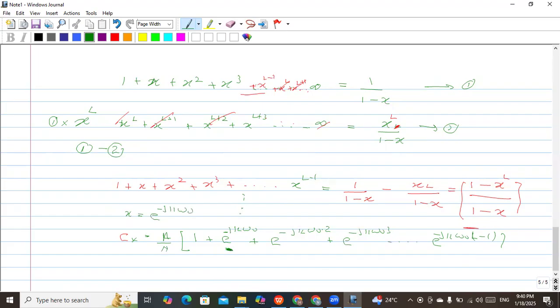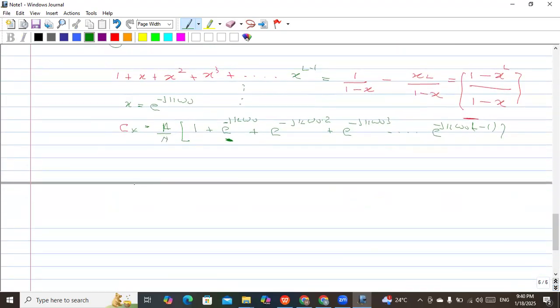Okay, so I can write this ck as a over n times 1 minus e to the power minus jk omega naught L, divided by 1 minus e to the power minus jk omega naught.